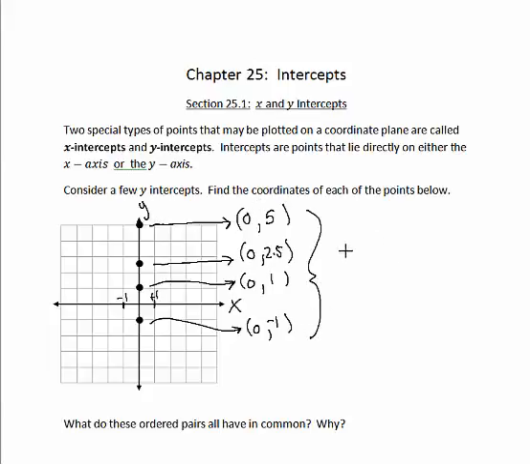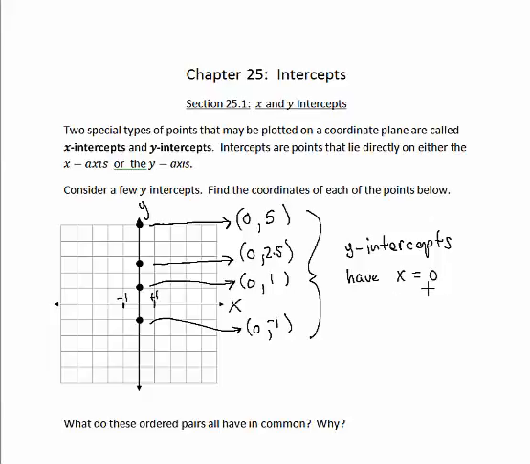Y-intercepts, which is what we could call all of these points because they lie on the y-axis, have the x-coordinate x equal 0. Any point on the y-axis, x-coordinate equals 0, and this is going to be important later on.